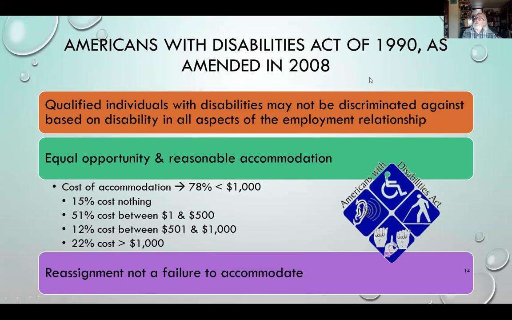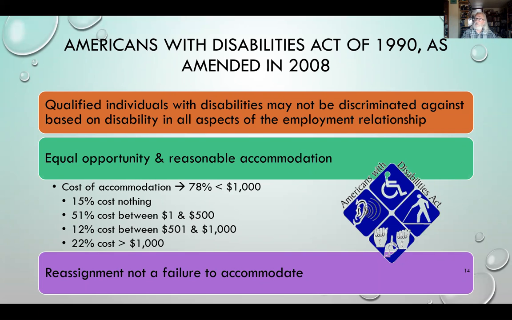And here's where we start to talk a little bit about disabilities. Disabled people are protected in the workforce, and you're not supposed to be denied your equal employment opportunities because of a disability. So there are a few things to talk about here. A qualified individual with a disability cannot be discriminated against in any aspect of the employment relationship.